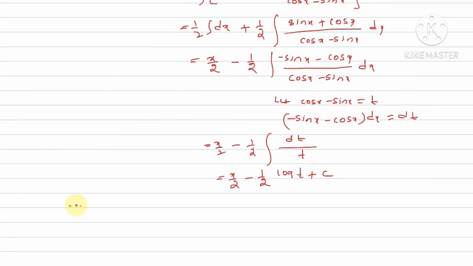It is the solution of integral 1 by 1 minus tan x into dx, which is equal to x by 2 minus 1 by 2 into log of t. What is t? The t value is nothing but cos x minus sin x, plus c. So this is the solution. These are the overall solutions for NCERT.